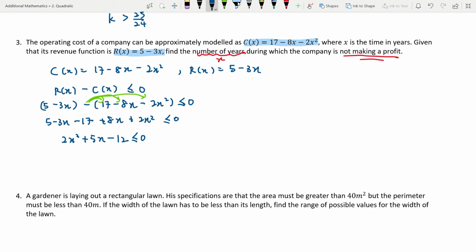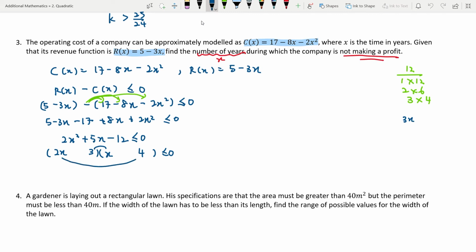We factorize the inequality. 2x² can be separated into 2x and x. 12 can be separated into 1 times 12, 2 times 6, 3 times 4. Let's try 3 and 4. Here we will get a 3x.